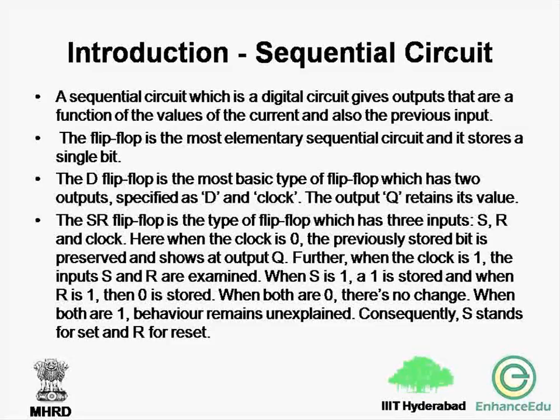The SR flip-flop has 3 inputs, S, R and a clock. The S stands for set and R stands for reset. When the clock is equal to 0, that is, the clock is low, the previously stored bit is preserved and shows at output Q. Whereas when the clock is equal to 1, that is high, the inputs S and R are examined.